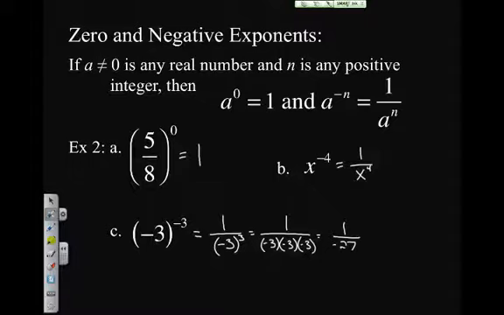And when we do that, -3 times -3 times -3 is -27. Now we want to write that as -1/27. But that's our answer for part C. So again, the definition's there for anything to the 0 power or anything to a negative power.